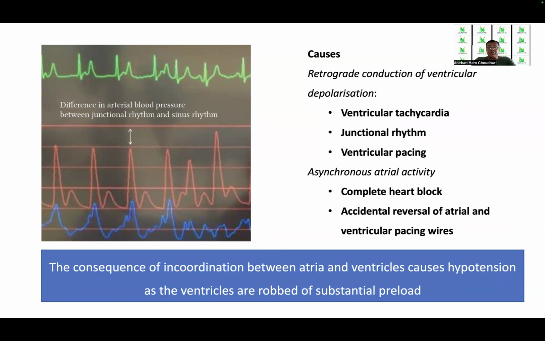For the former, VTAC, junctional rhythm, and ventricular pacing seem to be the precipitating factors, while for asynchronous atrial activity, complete heart block, accidental reversal of atrial and ventricular pacing wires, etc., seem to be the culprit. So the incoordination between atria and ventricles causes hypotension because the ventricles are robbed of substantial preload and they become empty.